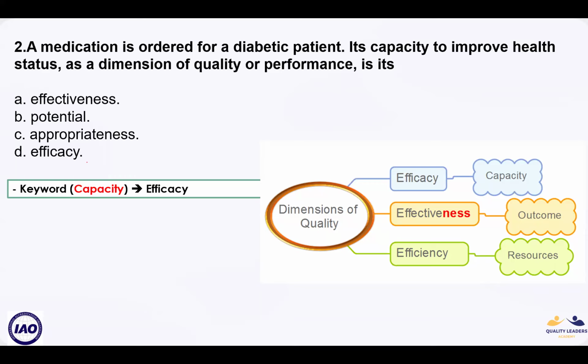Whereas effectiveness is related to the keyword outcome. Effectiveness is outcome. And most of the time, this is related to real world settings. And it's not just the capacity, because a drug might have a certain capacity to improve health. Let's say its potential is 90% in improving the health of a patient.